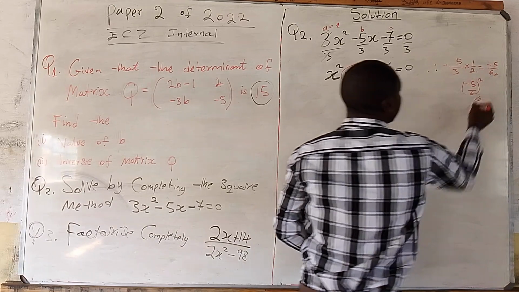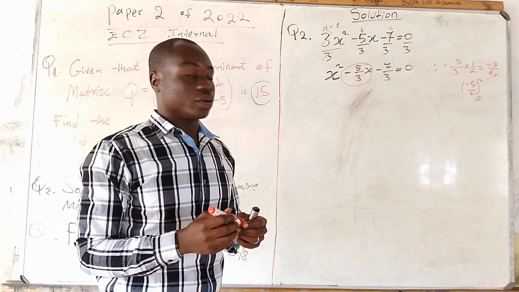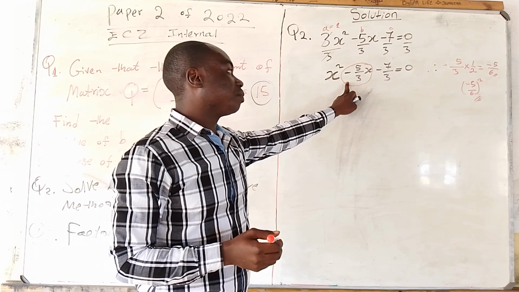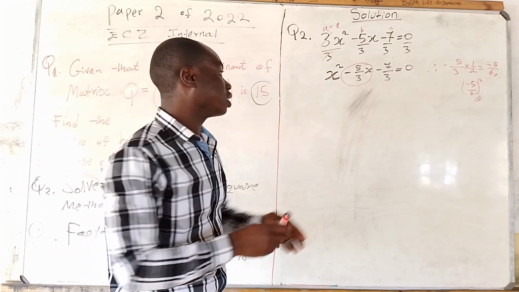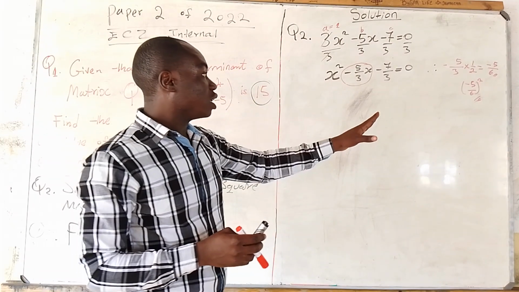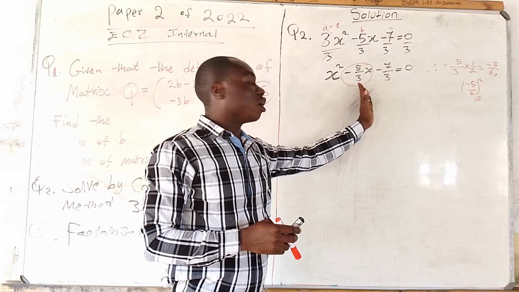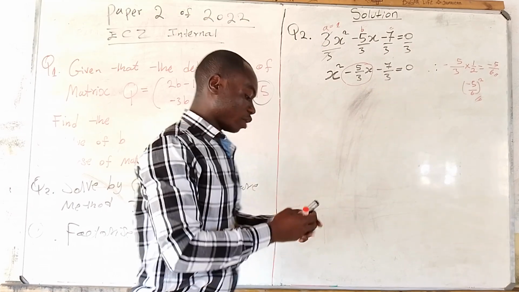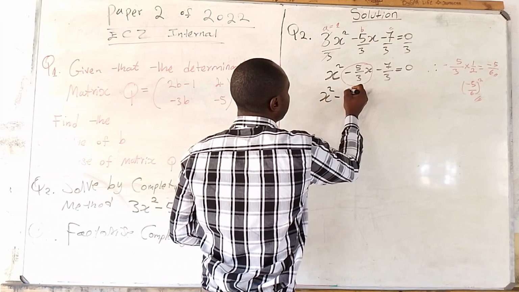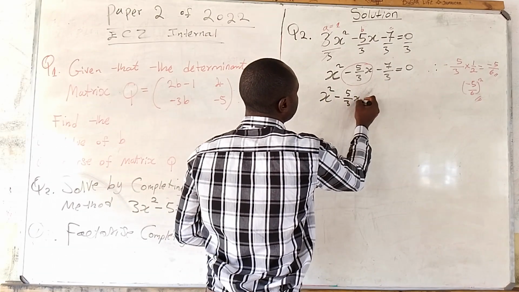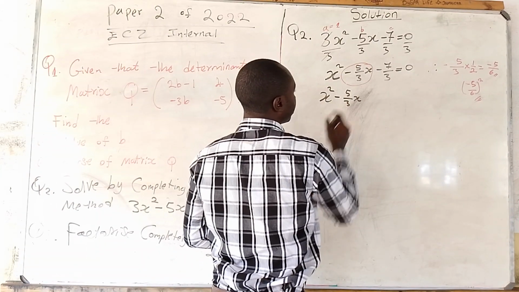If you remember from one of my videos under completing the square method, you find half of what you take as your sum, then you square it. After finding it, you add it on both sides of the quadratic equation. So let's do that. We have x squared minus 5 over 3 x.